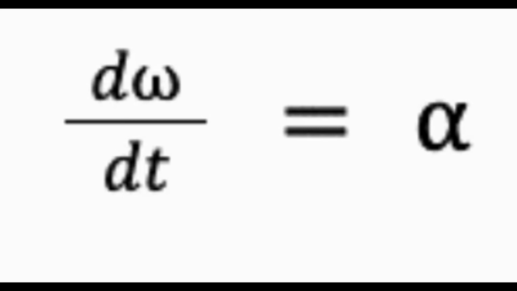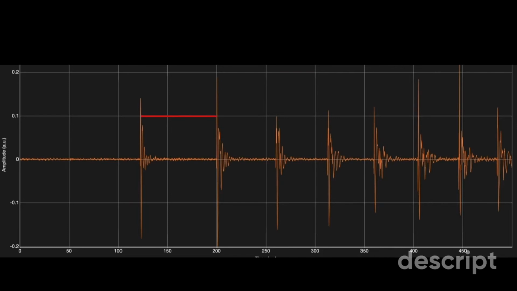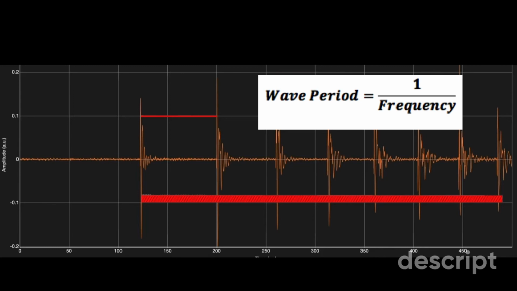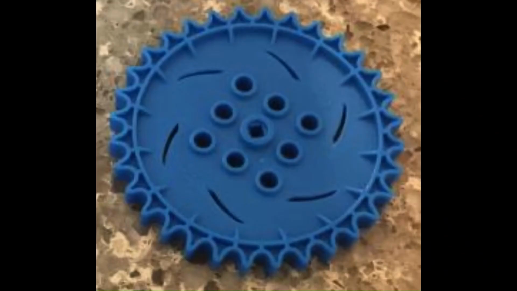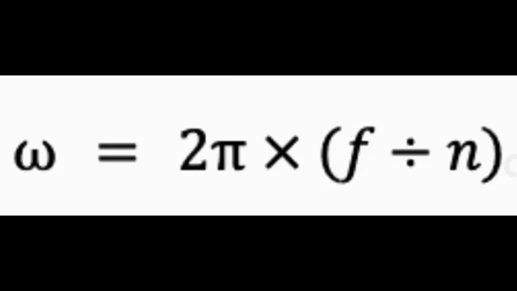In order to find the angular velocity at any particular point, we first find the period at that point, find the frequency using the relationship period is 1 over frequency, count the number of teeth on that sprocket, and use the equation here, angular velocity equals 2 pi times the frequency over the number of teeth on that sprocket to find the approximate instantaneous angular velocity at that time.